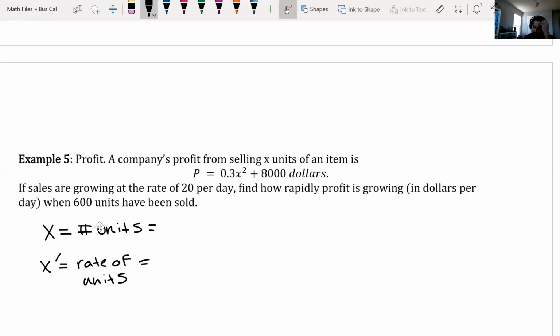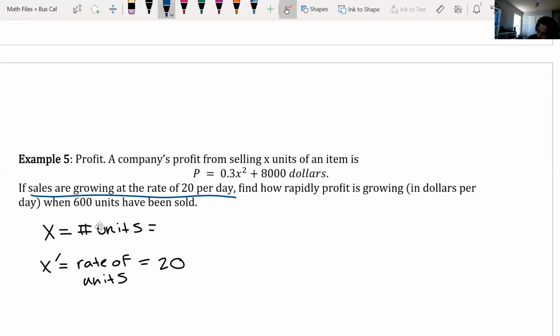So it says if sales are growing at the rate of 20 per day, this means that we're selling 20 units per day. So it's giving us another rate. So sales are growing at a rate of 20 per day. This means that X prime would be 20.